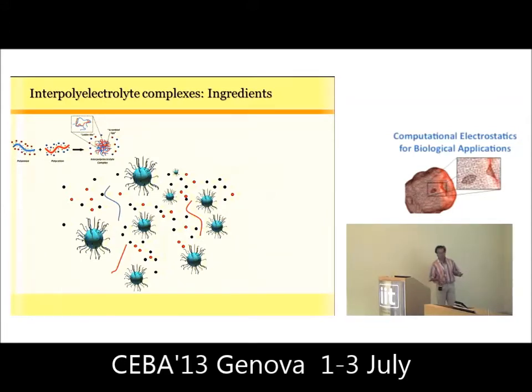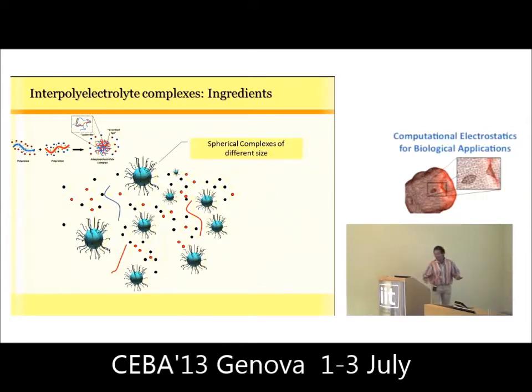Interpolyelectrolyte complexes: what are the ingredients of these systems? They are polyanions with their contra-ions and ions, and polycations also with their ions. You can have spherical shaped aggregates which can contain several molecules of polycations and several molecules of polyanions.